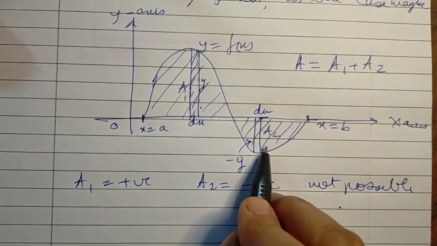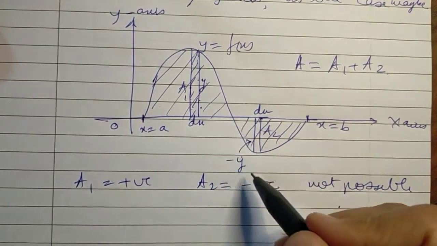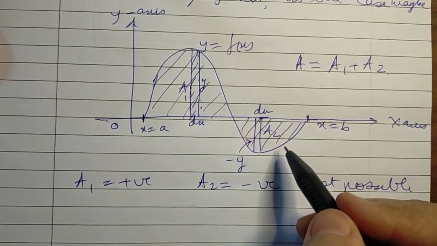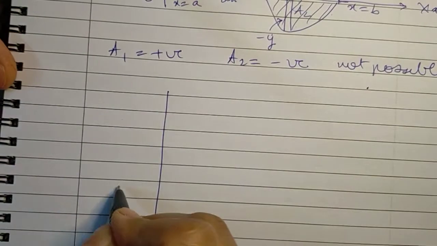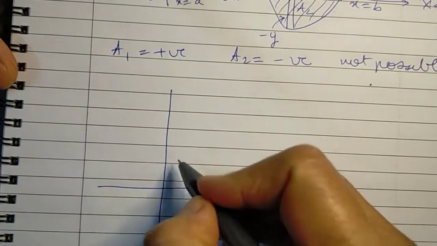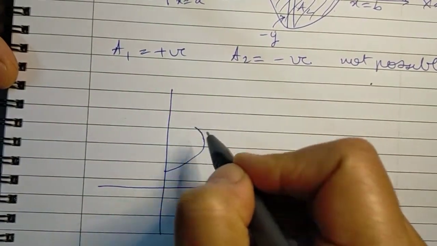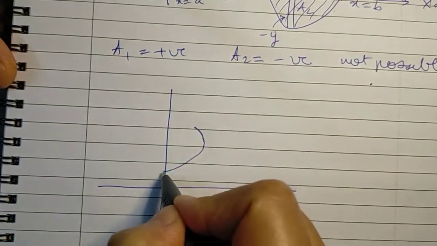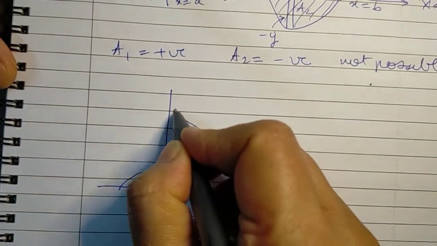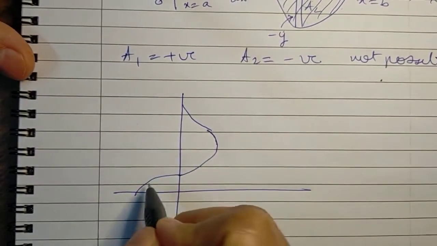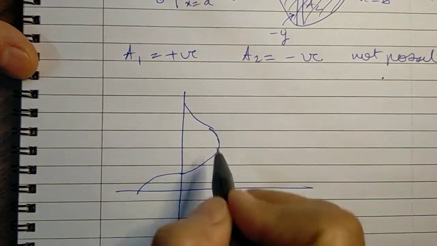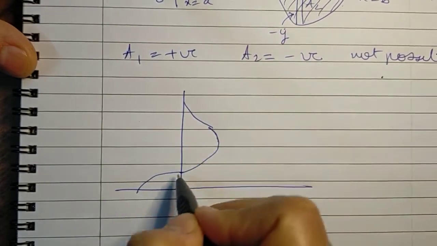So we have to be very careful in case a portion of the curve lies below the x-axis, or in case you are finding the area in some manner like this. Let's say you are finding the area between the y-axis and the curve.